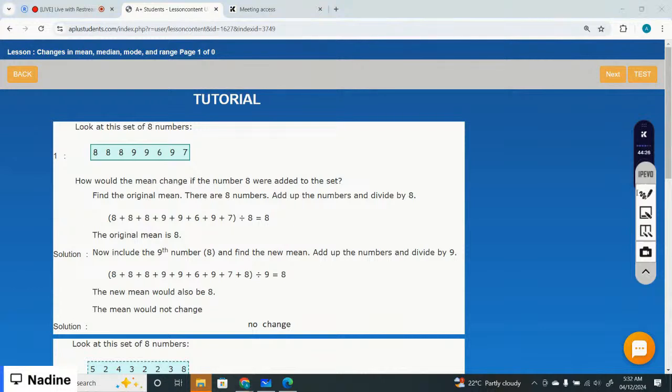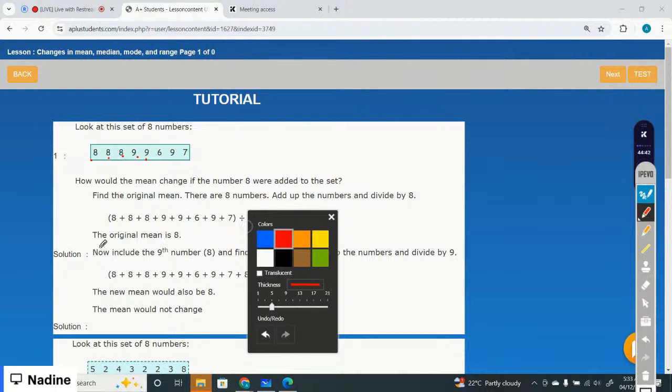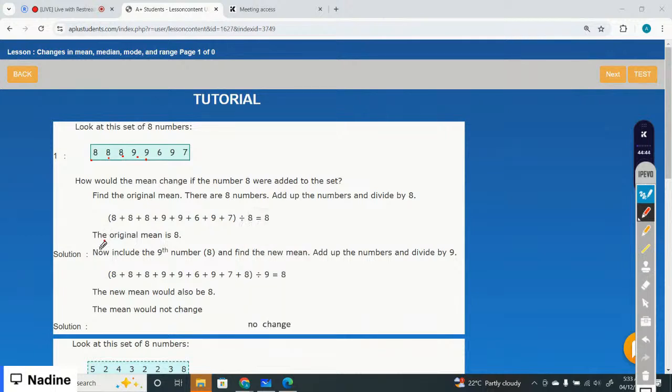Okay, if you add the 8, how would the mean change? Here are the numbers: 8 plus 8, 8, 9, 9, 6, 9, 7. You have to calculate the mean for the original numbers, right?